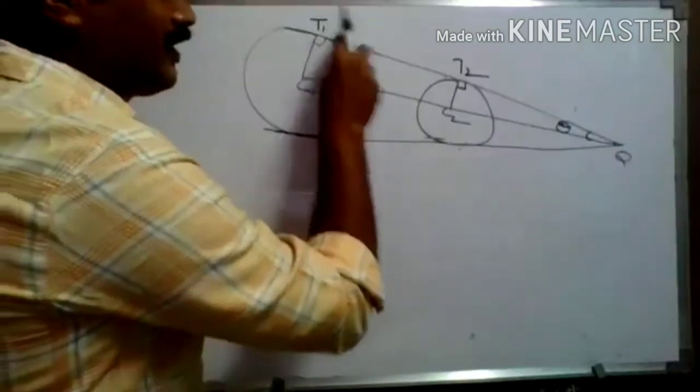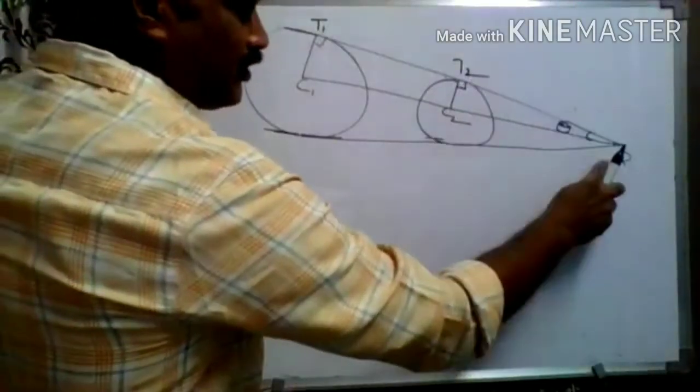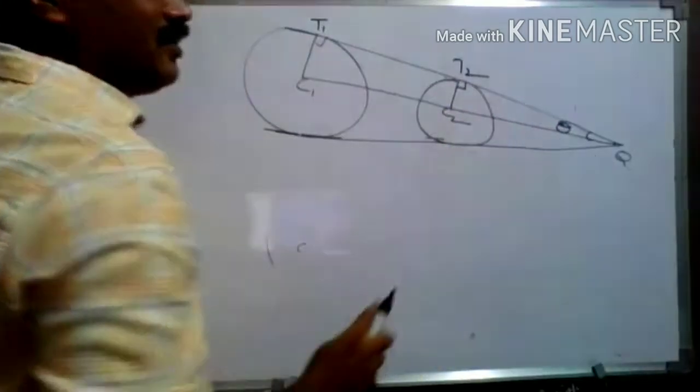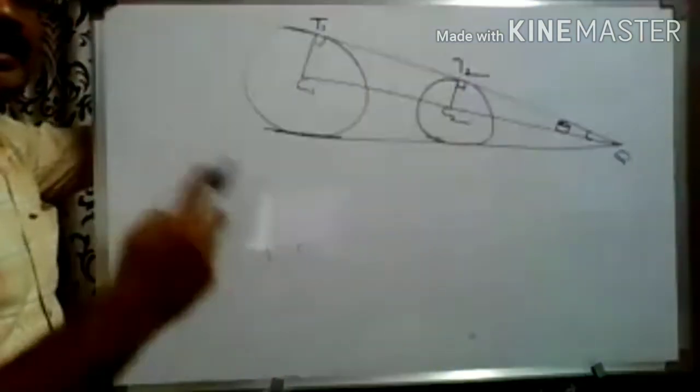Here are two triangles, C1T1Q and C2T2Q. Here the angle is 90, here the angle is 90. This is a common angle. So two angles are equal, automatically the third angle is equal.